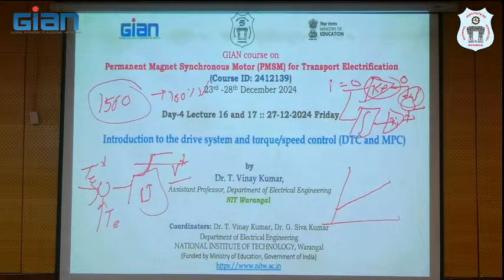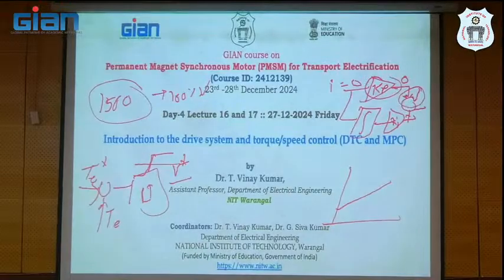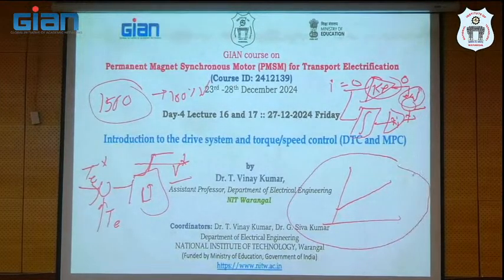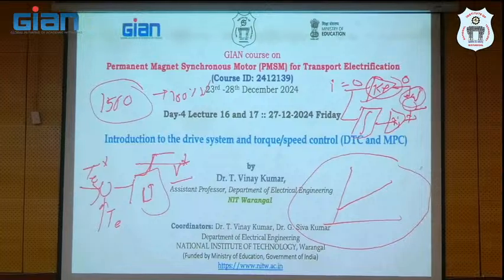See, if you refer to any textbook, they will not mention this point. The nature of the voltage applied across the motor terminal, irrespective of the reference speed, is always this. This is the nature of voltage and frequency applied for all AC drives in any system, irrespective of your reference speed.